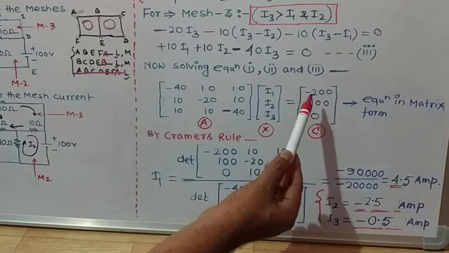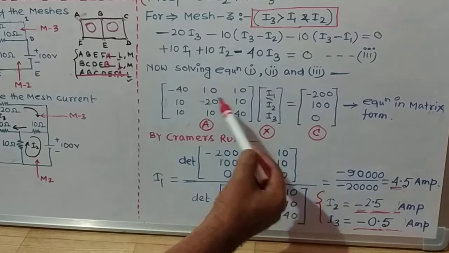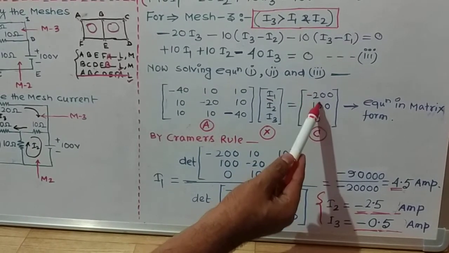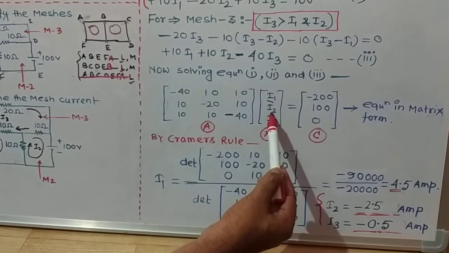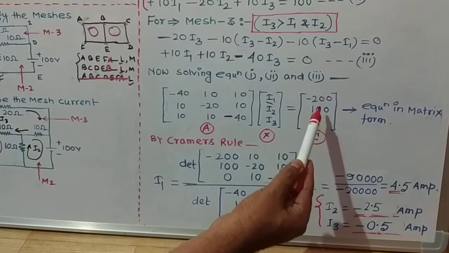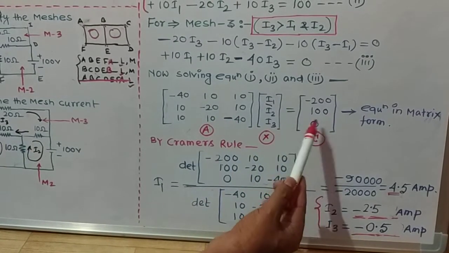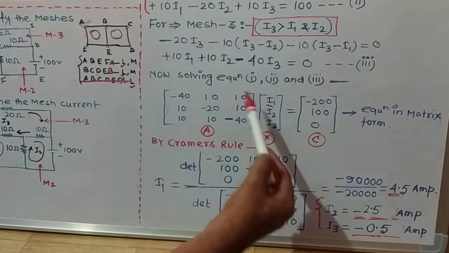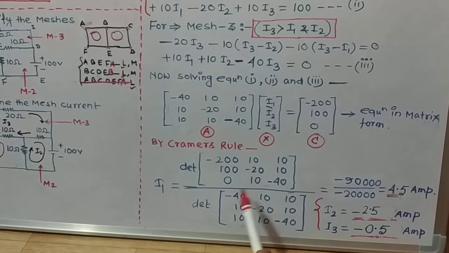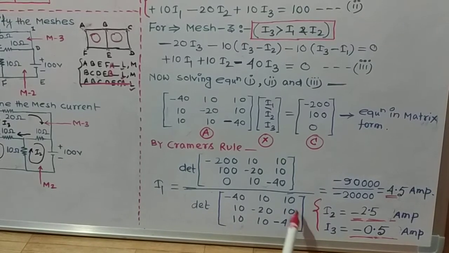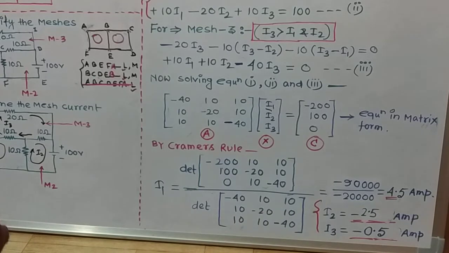For current I1, I have to replace the constant matrix C in the first column. For I2, I have to replace the constant term in the second column. For I3, I have to replace the C matrix in the third column, and I have to divide by the determinant of the original matrix, that is the A matrix determinant.